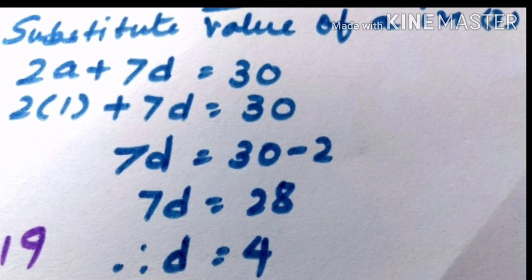So 7D is equal to 30 minus 2, because taking 2 from the left side to the right side, the sign changes. So 7D is equal to 28, and by dividing 28 by 7, we find the D value 4. So likewise students, in any question, if you find the first term and common difference, then you can write the AP.